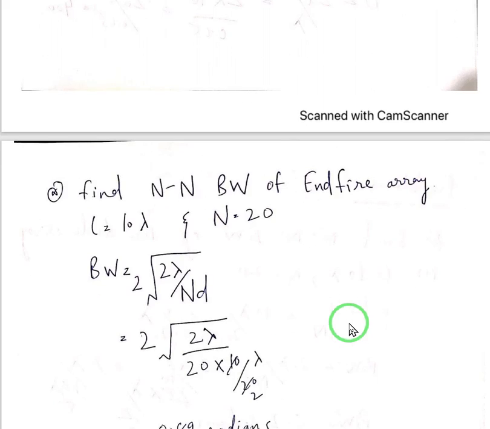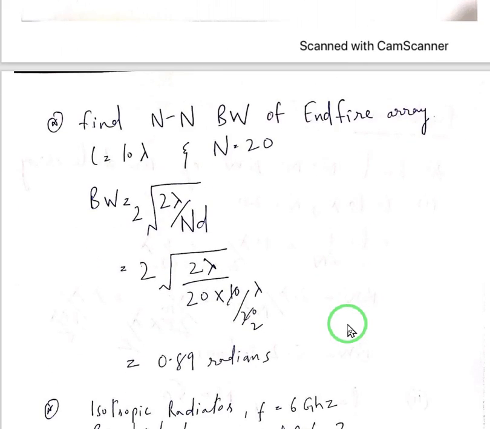Now moving on to the next question, we have to find the null to null beam width of an end-fire array. As has been told before, beam width relates to the maximum radiation pattern occurring at an angle, and an end-fire array is defined as the array antenna whose radiation pattern is maximum at the side parallel to the axis of the array.